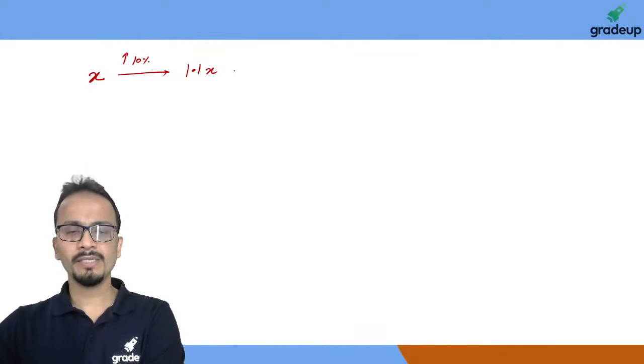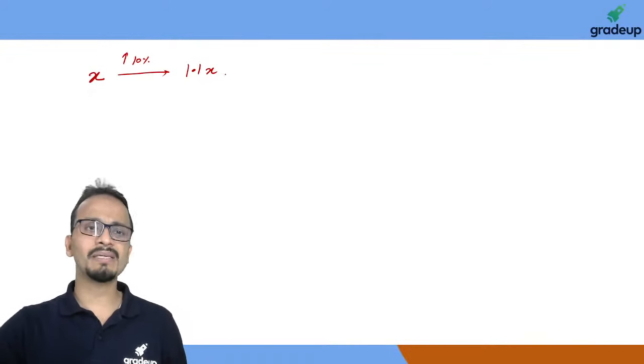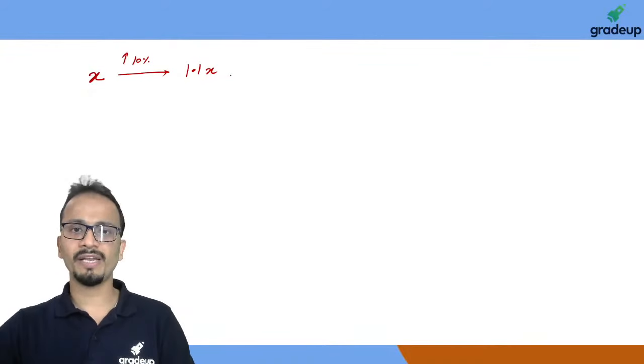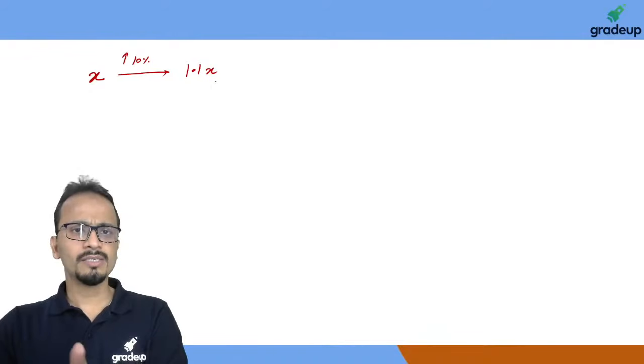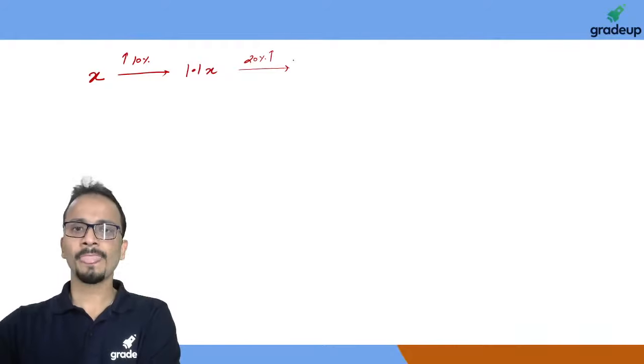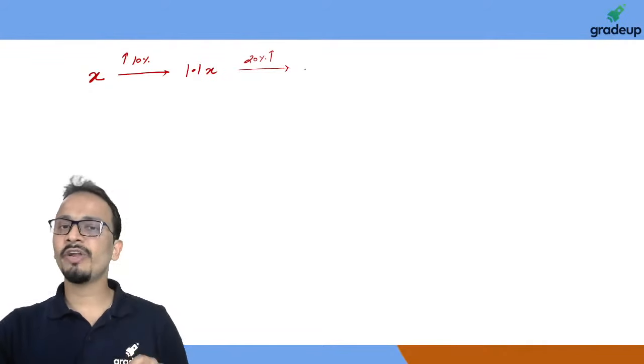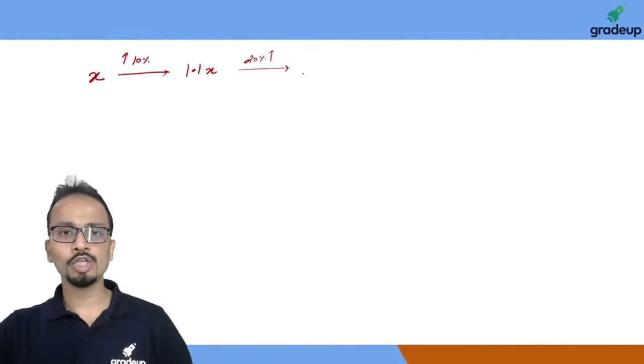So there will be a factor of 1.1 that will be multiplied by the initial value to generate the final. Now further, this resulting value 1.1x is increased by 20 percentage. So I can say that a 20% increase will generate a factor of 1.2.